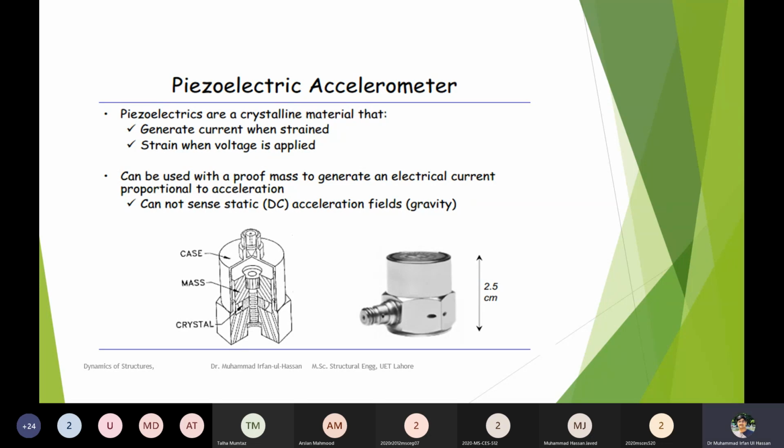So electric current is linked with the acceleration, and this cannot detect static acceleration or field gravity, but these are mainly for the vibration acceleration, which is basically for the building vibration. So piezoelectric accelerometers are also commonly used.